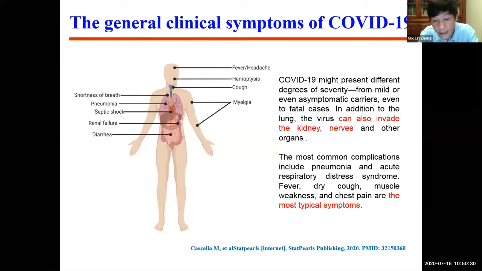So in summary, COVID-19 may cause multi-organ failure in extremely severe cases. Therefore, in order to prevent the spread of this disease, early screening and diagnosis are particularly important for the treatment and the control of the disease.